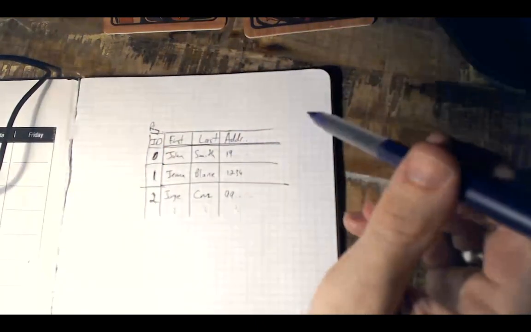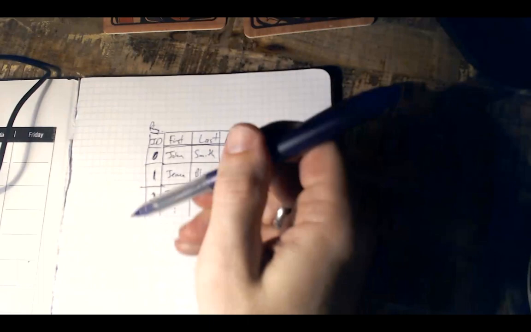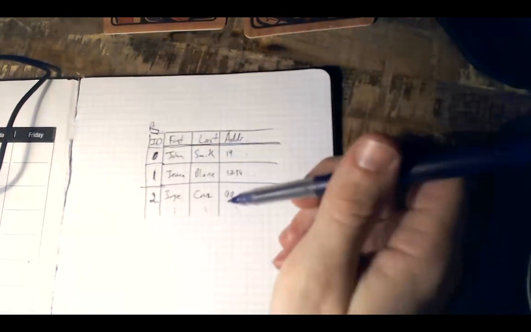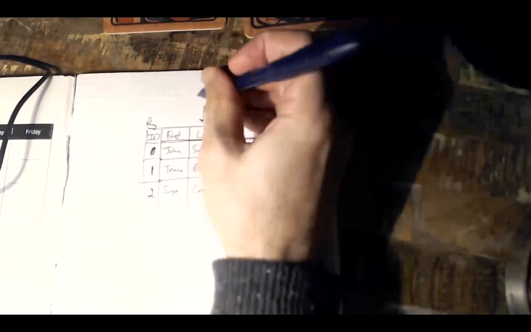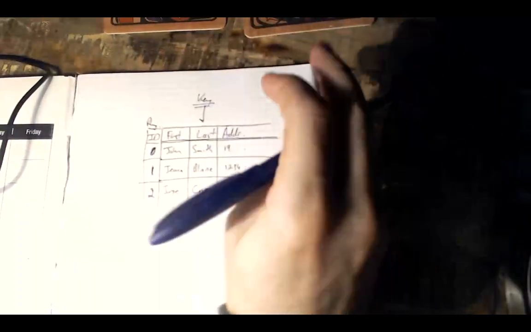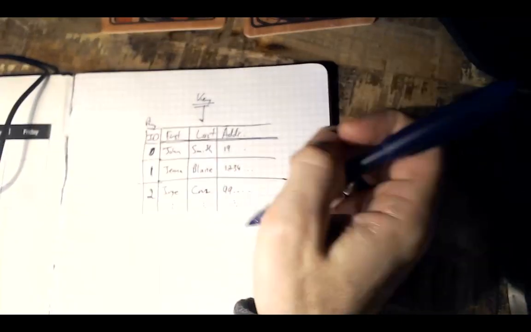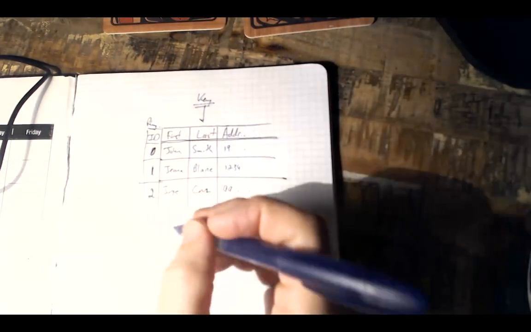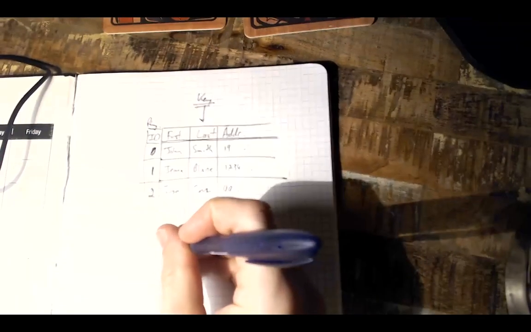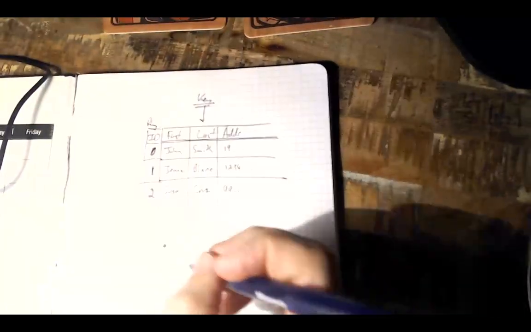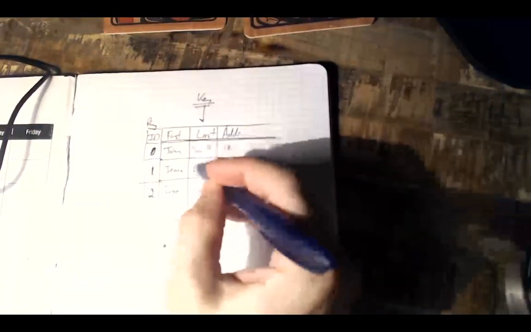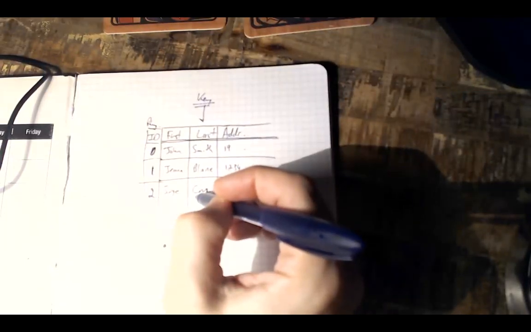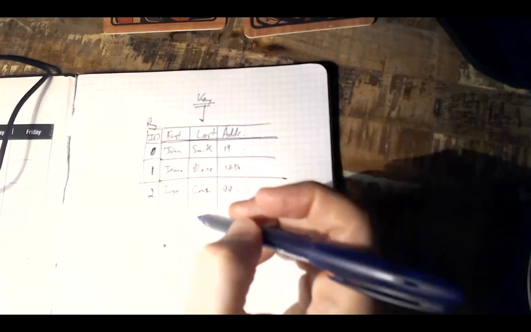But say I know that I sort a lot on last name for whatever reason, and so I want to add another key or an index on this field right here on last name. What happens when I do that is it creates a tree that sorts all of these for me.